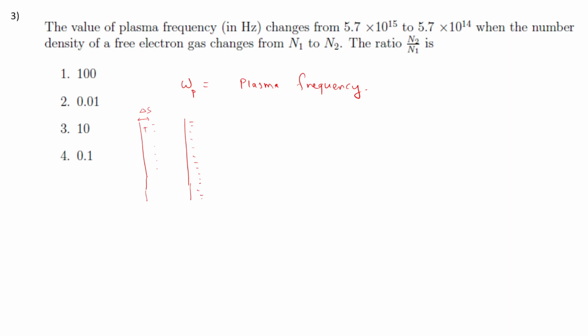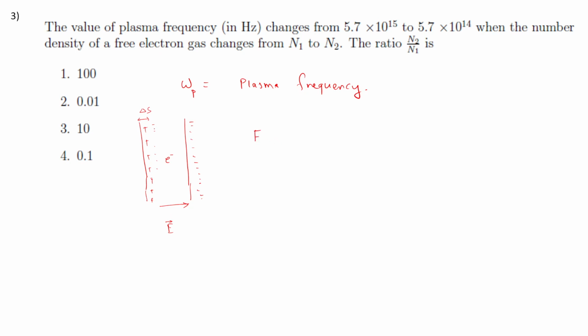And in this area we get some positive charge. This delta S is really very small. Now you will have a field going from plus to minus, some electric field E, and if you consider some electron inside, that electron will feel a force.